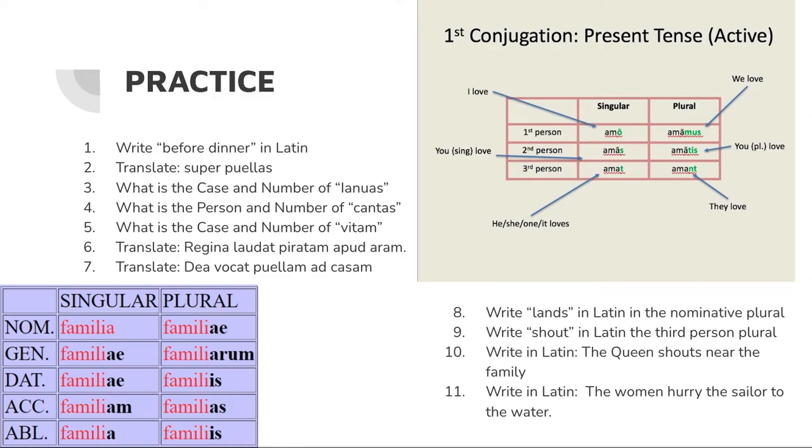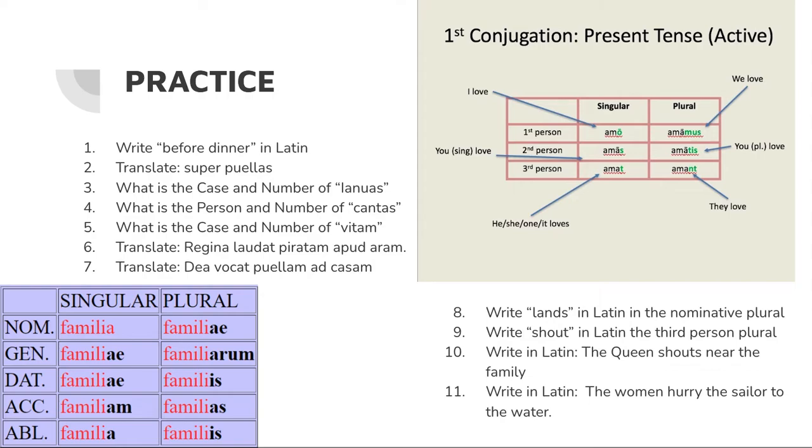Number 7, translate Dea vocat puellam ad casam. So, let's break it down. Dea, as we know, means goddess. Voco means call, but vocat means he, she, or it calls. However, we already have a subject, so it will be the goddess calls. The goddess calls, and then puellam. Puellam is the accusative singular of the word puella, and puella means girl.